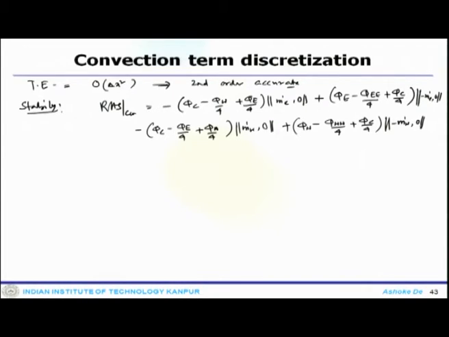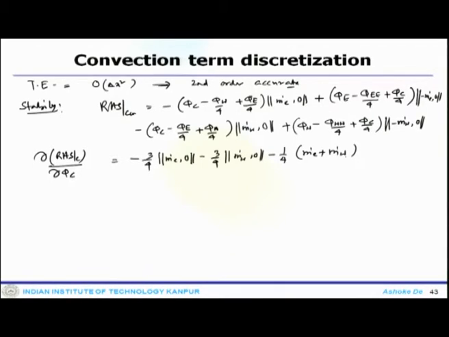If you take the derivative of this term with respect to phi c, it will become minus 3 by 4 m dot E 0 minus 3 by 4 m dot W 0 minus 1 by 4 m dot E plus m dot W.